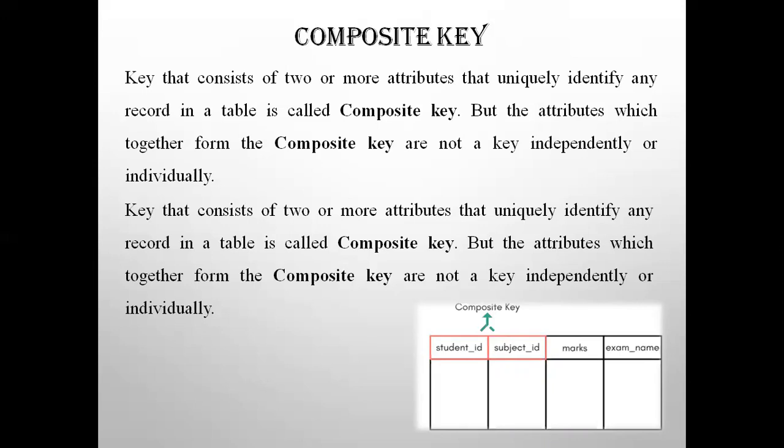Individually, it is not guaranteed. If no single attribute in a relation is able to uniquely distinguish the tuples, then more than one attribute is taken together as a primary key. Such a key is called a composite key. So if you refer to this table, the student ID and the subject ID, both together are the composite key.